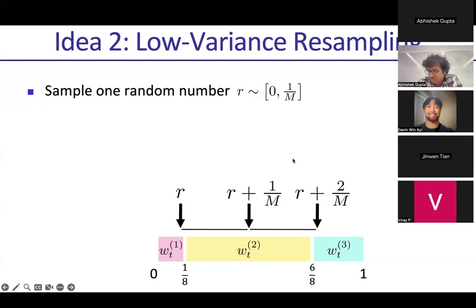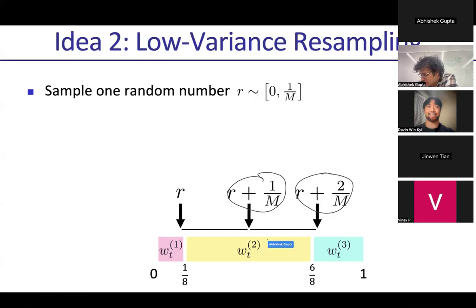But it passes a sanity check, because the number of these equally spaced things that will fall into a particular bin will still be proportional to how big the bin is, right? If the bin is tiny, there's a high chance that you just skip over it. If the bin is not tiny, then there's a high chance that you'll have multiple of these equally spaced things that fall in there, right?